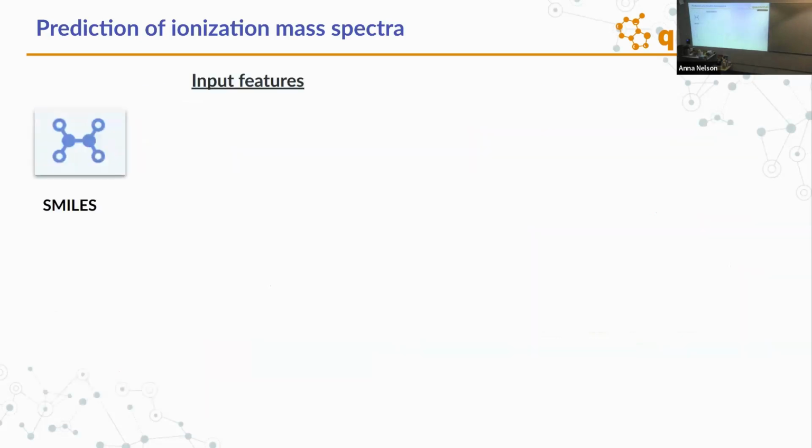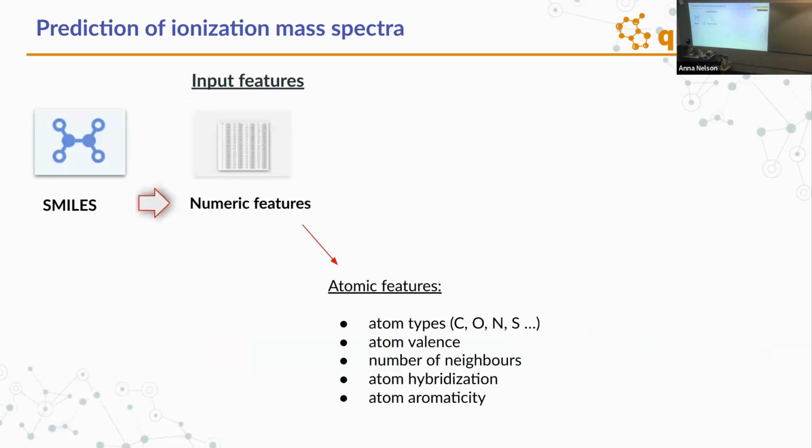This SMILES data can actually be used to extract lots of numerical data describing structural properties of the molecules, like the data describing atomic features: the types of atoms, the atom valences, the number of neighbors that each atom has in the molecule, the type of hybridization of each atom, and whether the atom is aromatic or not.